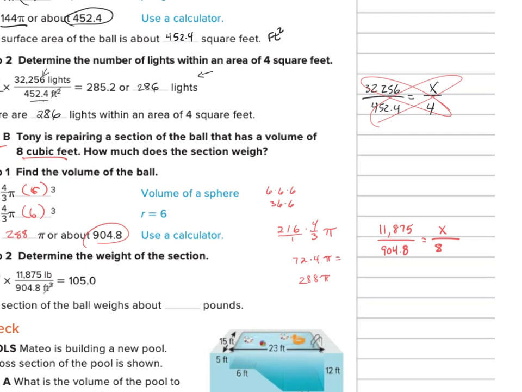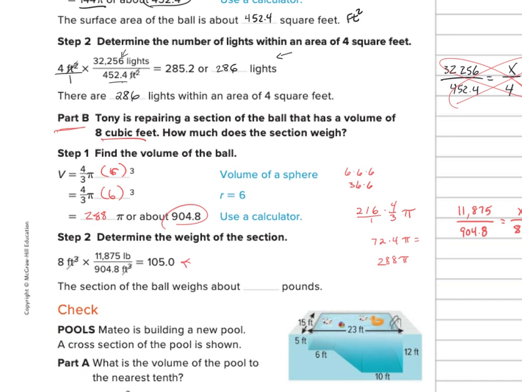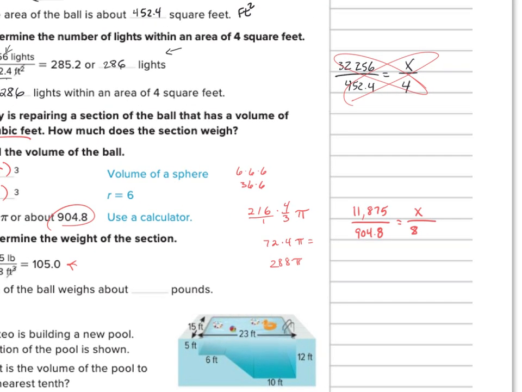So this is where we can just simply cross multiply. I know they got a lot going on over here, but if we look at it, cross multiply, and you end up with 904.8x is equal to 8 times 11875.